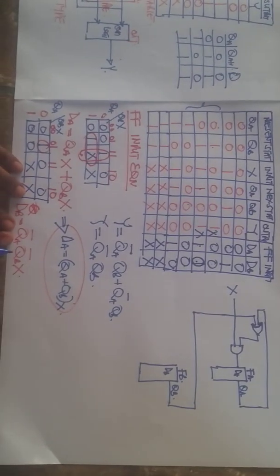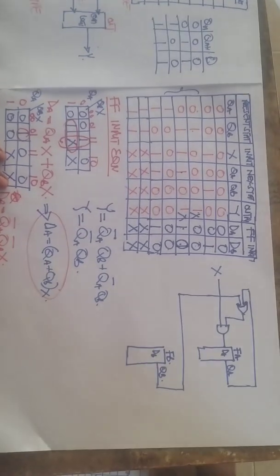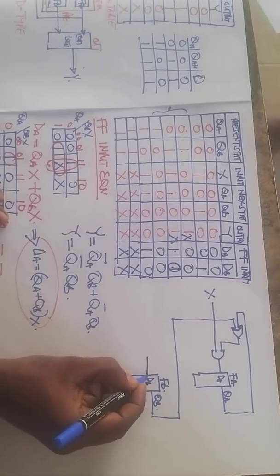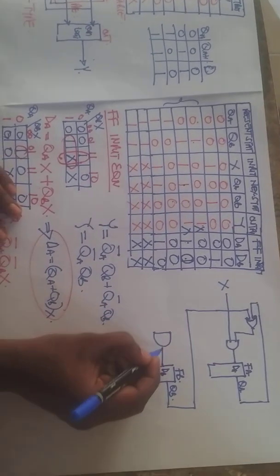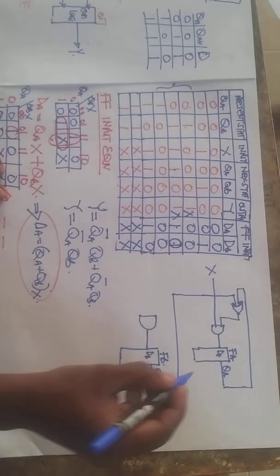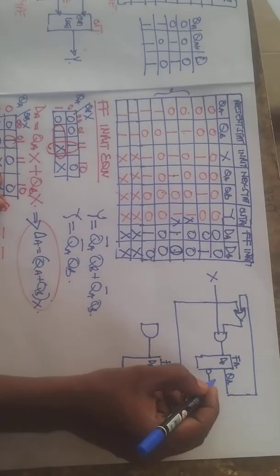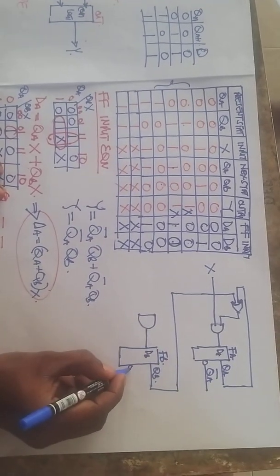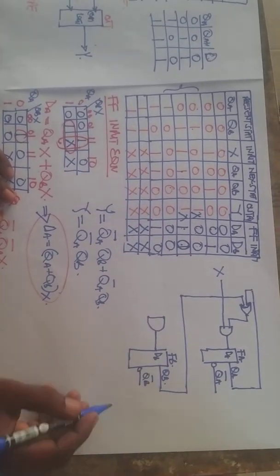DB is QA bar QB bar X. Okay, AND gate. So let me put an AND gate here. Now this will be my Q bar. So this QA bar, QB bar, it's a complement, you know that.